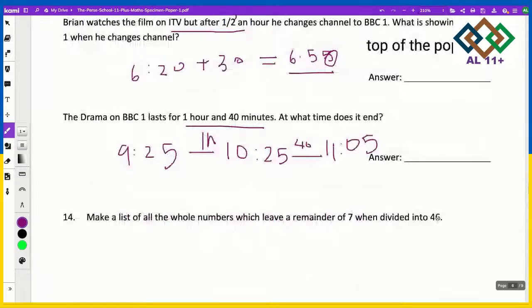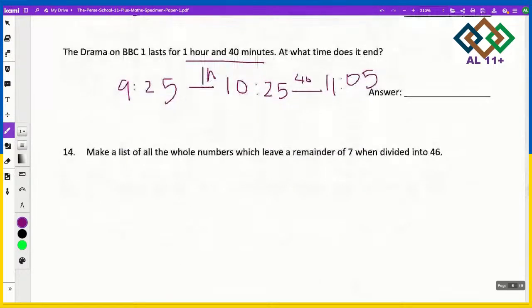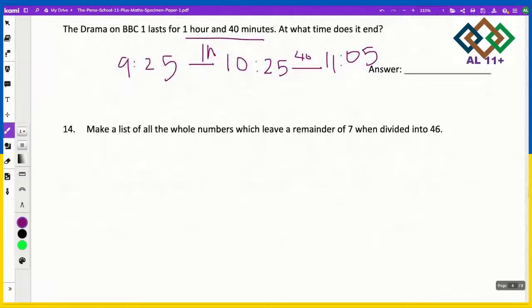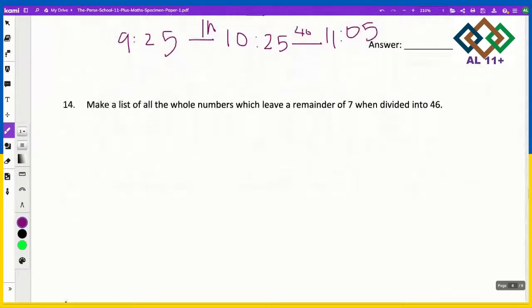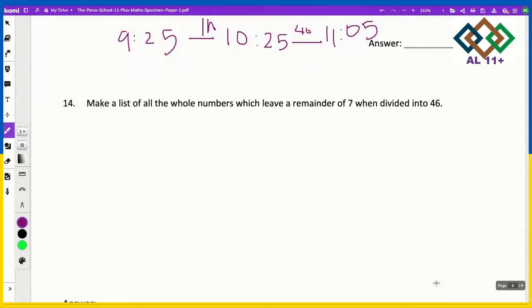Now we are on 14. 14 says make a list of all the whole numbers which leave a remainder of 7 when divided by 46. They divided by 46 and they have the remainder. So basically, just try doing it. 46 minus 7 for the first thing you have to do, that's 39.